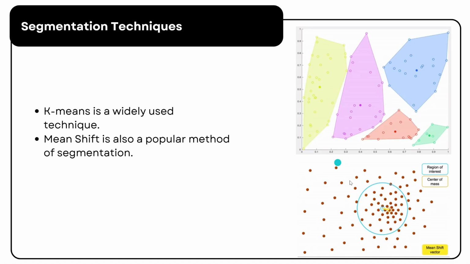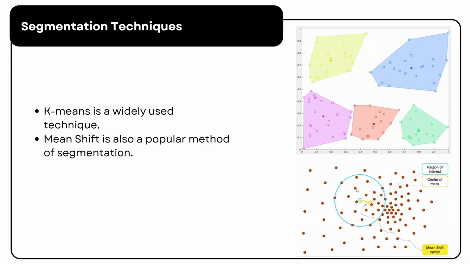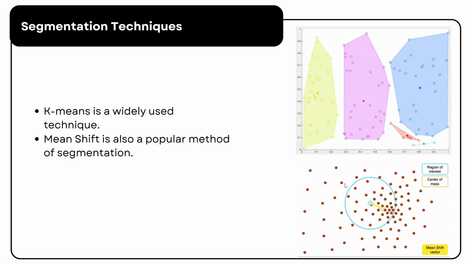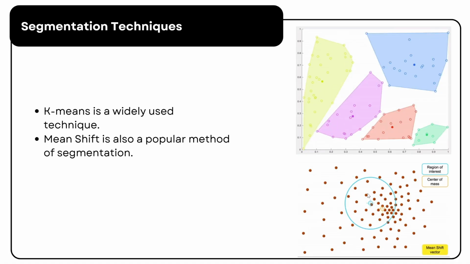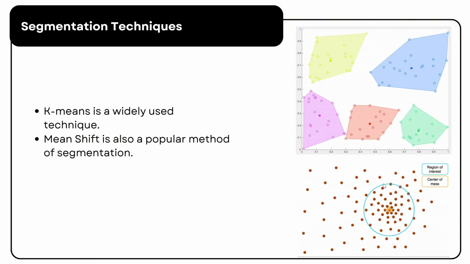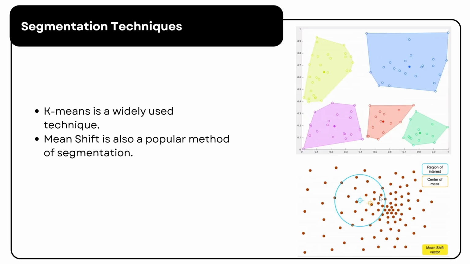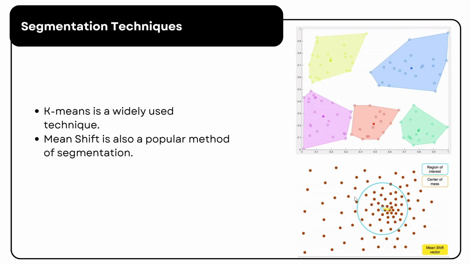And the mean shift segmentation is more advanced, so it doesn't require us to predefine a number of clusters. Instead, it works by finding modes or high density regions in the data. A circular window here is moved toward areas of higher data density.